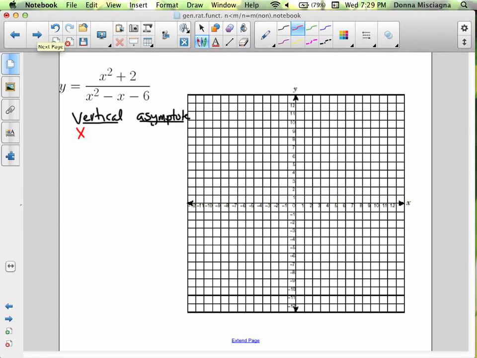So it was x equals negative 2, x equals 3. All right, so let's graph those. There's negative 2. Here's x equals 3. And our horizontal asymptote.